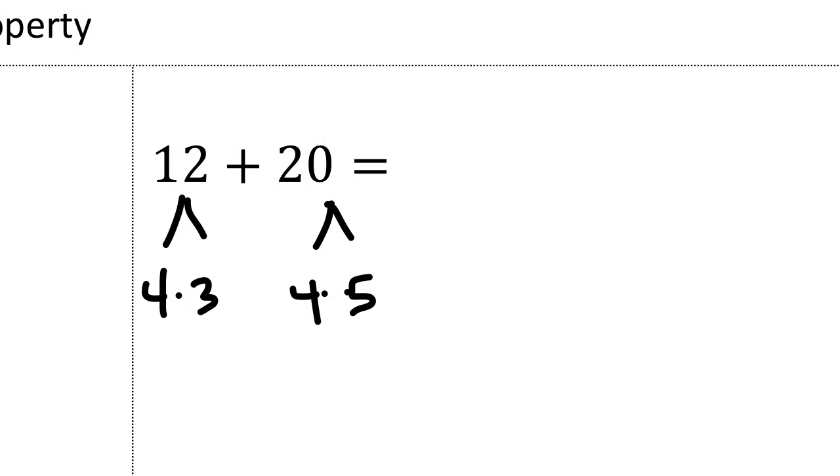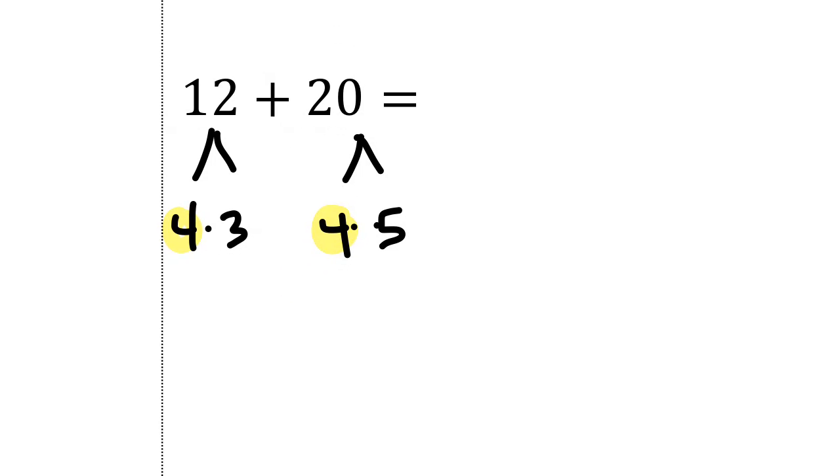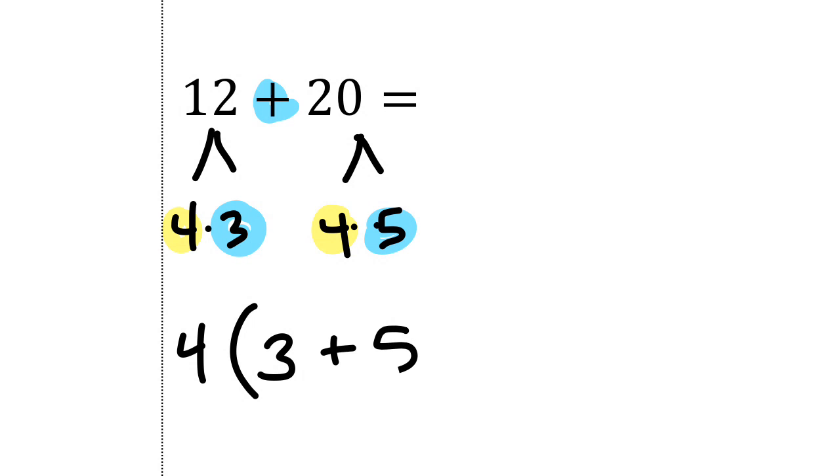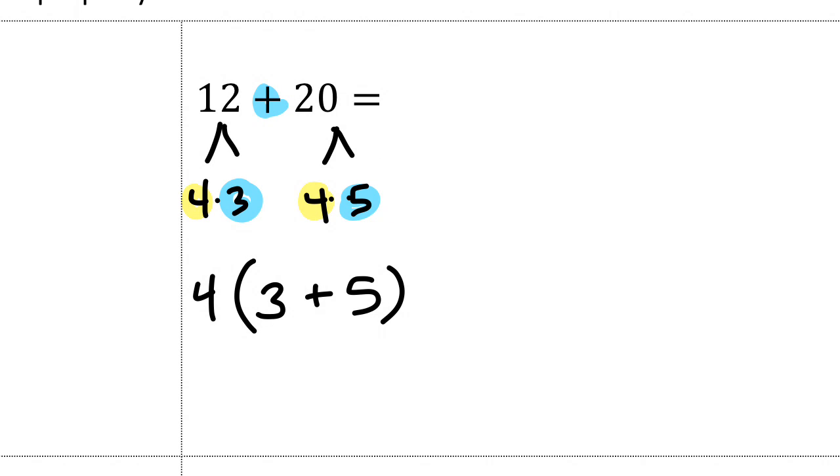So again, I'm going to look at what they have in common. They have 4 in common, so that's what I'm going to write outside the parentheses. So 4 parentheses. Hopefully right now you can guess what's going to be inside the parentheses. I have 3 plus 5. And again, if I wasn't too sure about myself, I wanted to check that this was right.